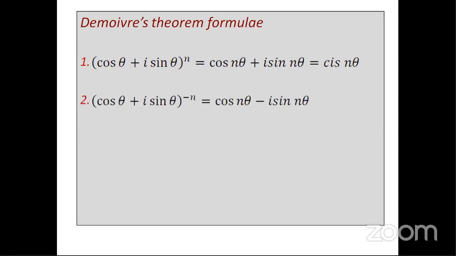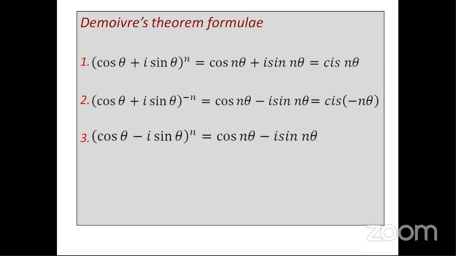And (cos θ plus i sin θ) whole power minus n. That means when you have a negative power, you can write it as cos nθ minus i sin nθ, which is cis of minus nθ. This is the shortest possible way we can represent it, instead of writing all this, children.